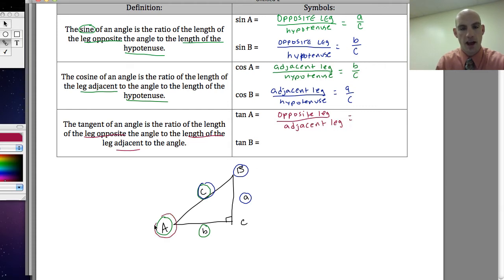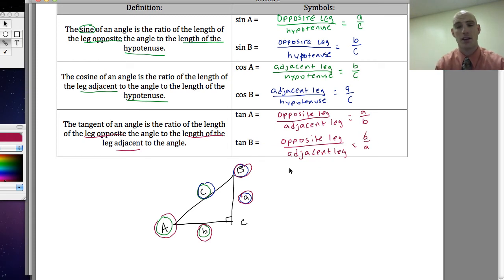So if I look at A, that's going to be opposite over adjacent, so A over B. And tangent of B is going to be the same, opposite over adjacent leg, which is equal to B over A. Yes, these things are very closely related.